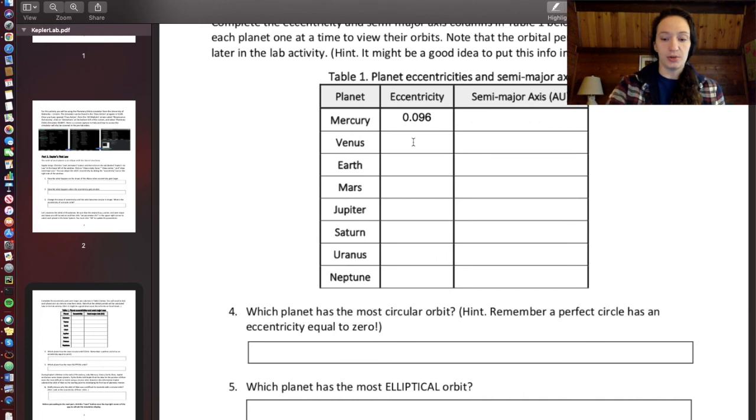0.096, 0.3, or 0.007. These are not the correct numbers, by the way. When you're comparing these, you want to pay attention to how many zeros it is away from the decimal. So what I have for Venus is 0.3.